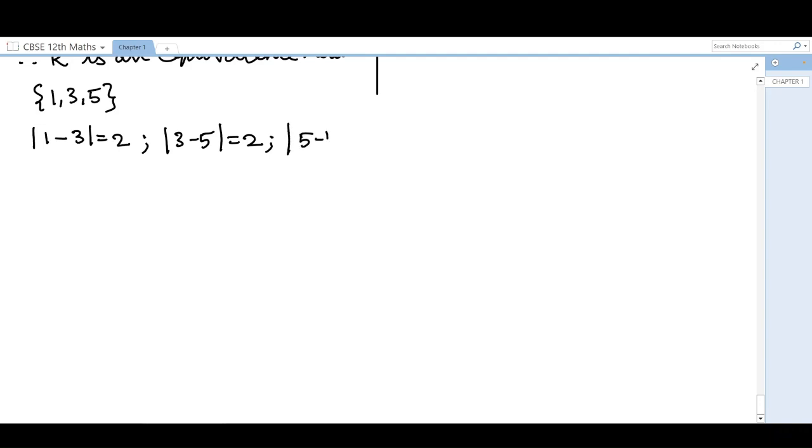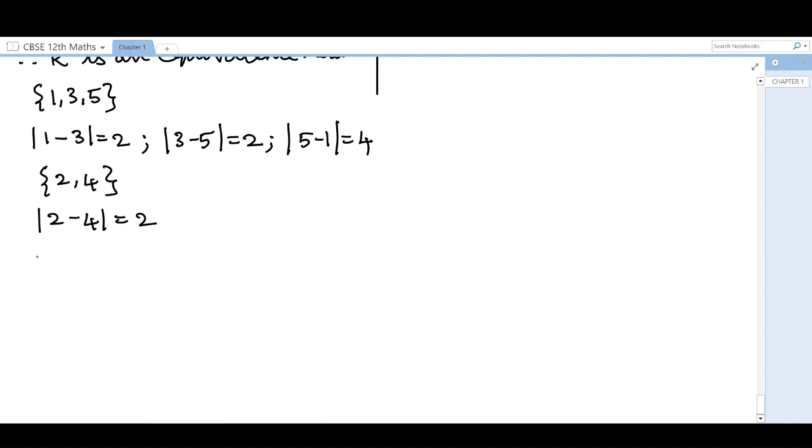For 5 and 1, again it is an even number. So all the elements in this subset are related to themselves. For the subset {2, 4}, if you find the difference, it is an even number. Thus, we have verified the conditions given in the question.